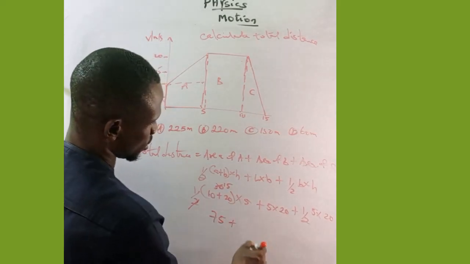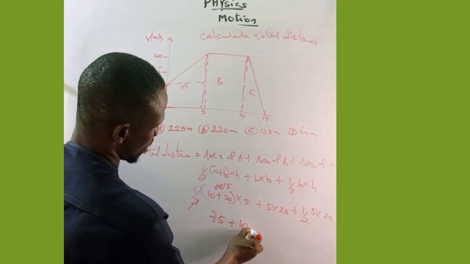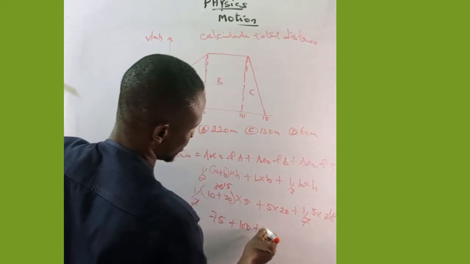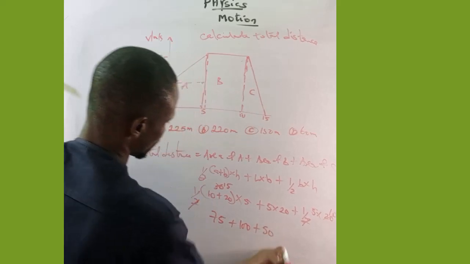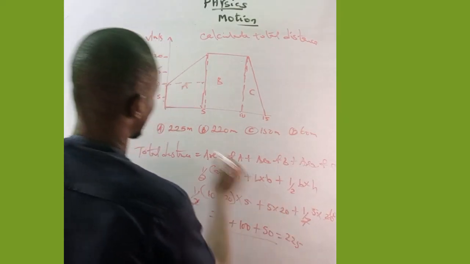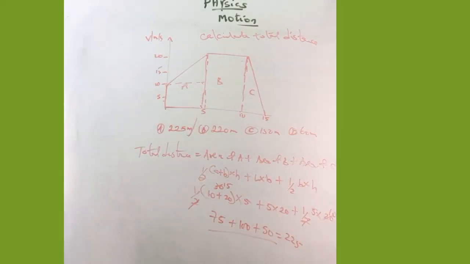Plus 5 times 20, which is 100. Plus the triangle: half times 5 times 20, which is 50. So add everything. What's it going to give you? 225. So 225 is the answer.